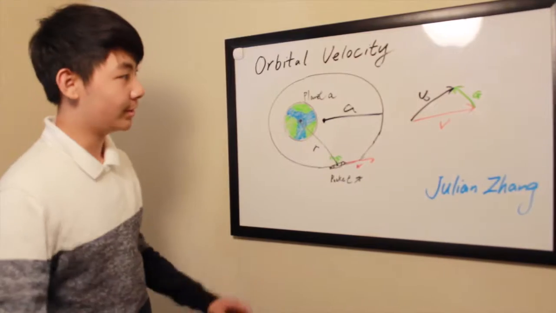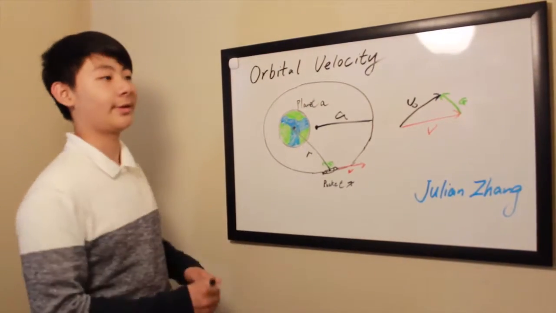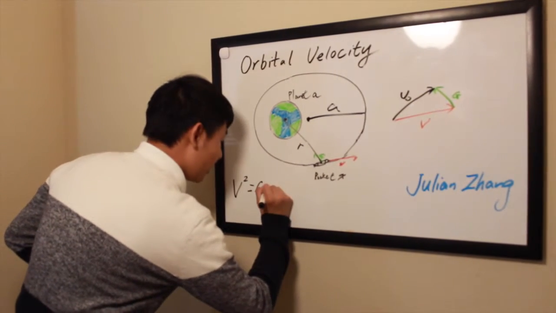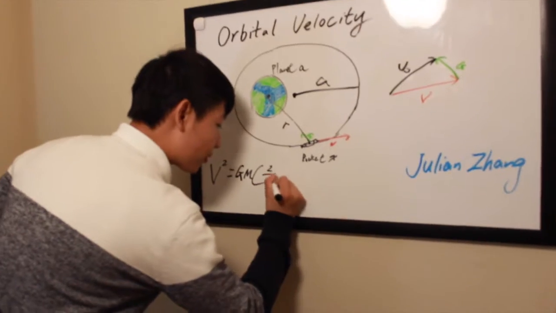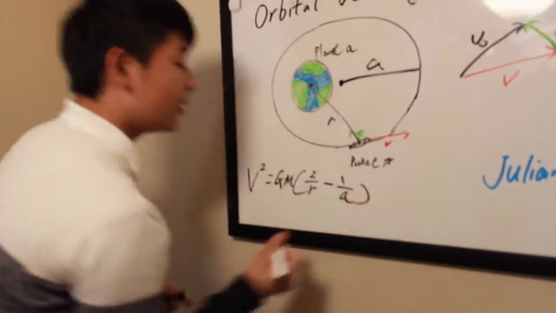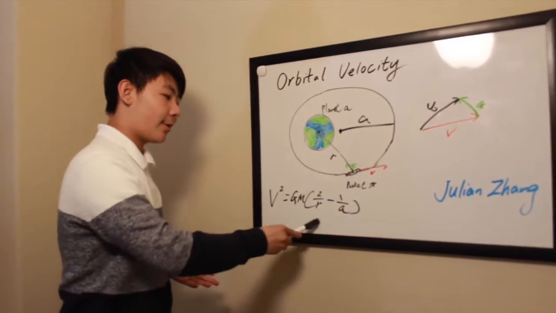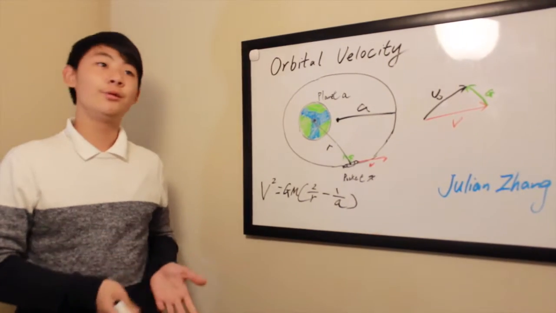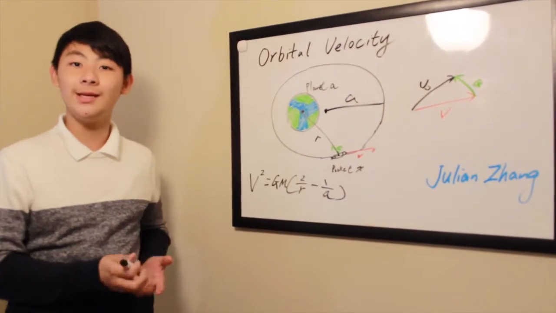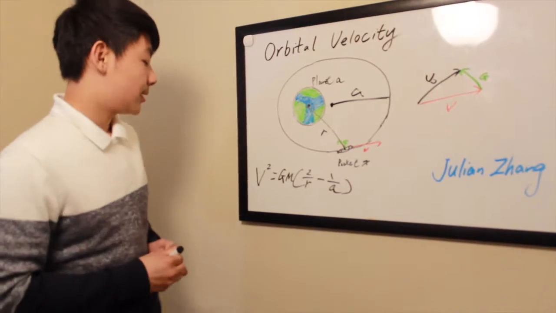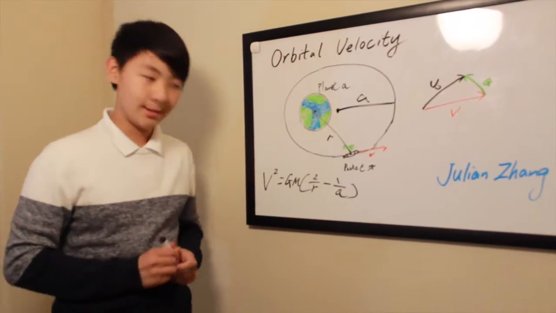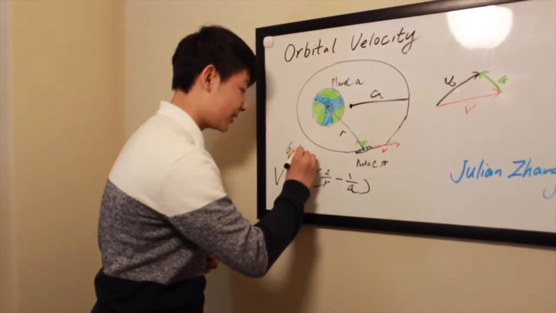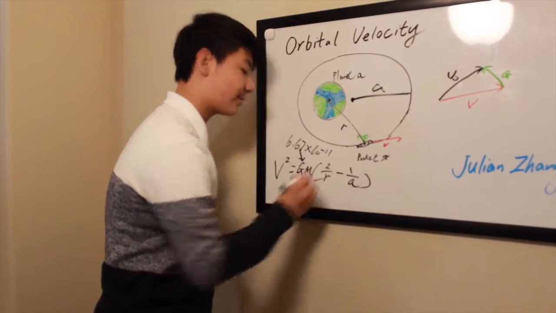So the important equation that we're going to have here, which is also the core of the calculation, is v squared equals GM times 2 over r minus 1 over a. So we already have r and a fulfilled, and we're going to calculate v. And G is a whole other equation, which is fairly easy and Newton predicted for us. So G is the universal gravitational constant, which is 6.67 times 10 to the negative 11th power.